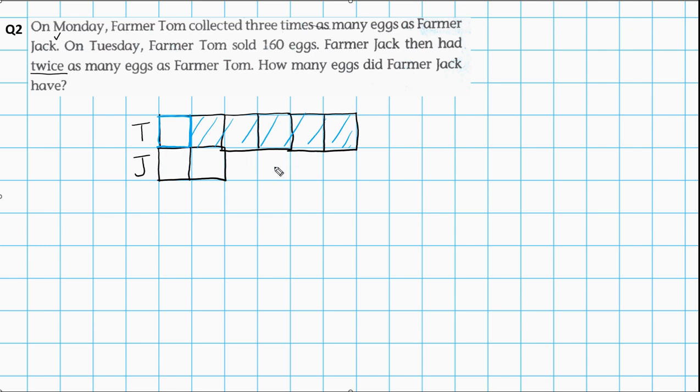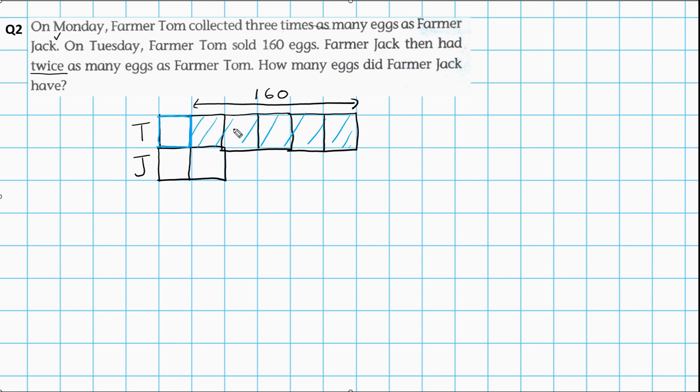Now, what else do we know? We have a number to put in here because we're told that Tom sold 160 eggs, and we know that this is what he sold. So this must be equal to 160.